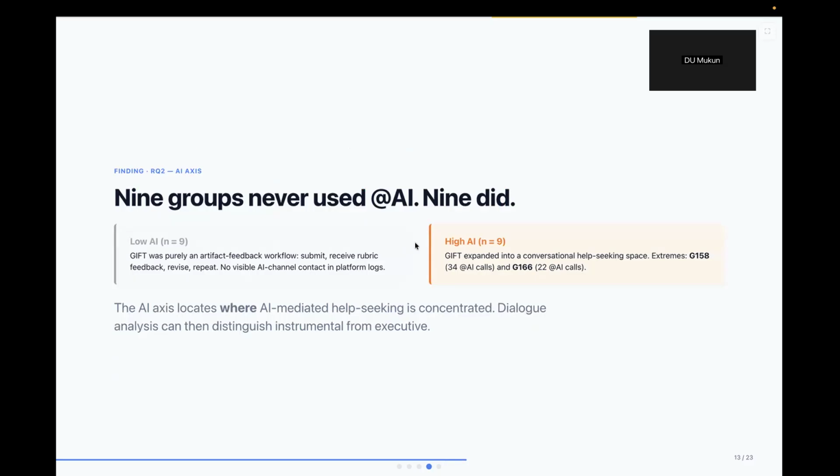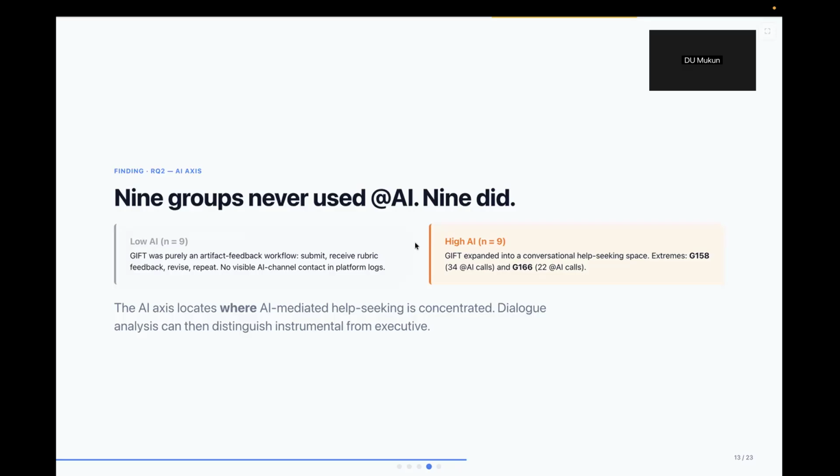And here are findings. A very interesting finding, just a continuous of the last page's number. We found that 9 of them did not use AI at all, and 9 of them tried to use @AI and tried to message them. So especially in group 158 and group 166, we have observed quite a lot of @AI calls, and we could see their engagement in trying to improve their work.